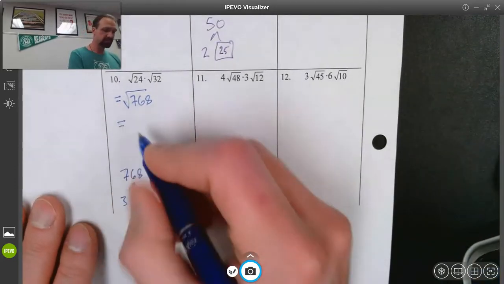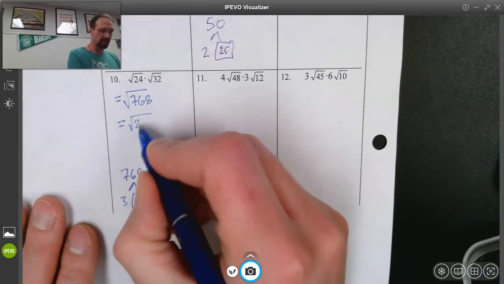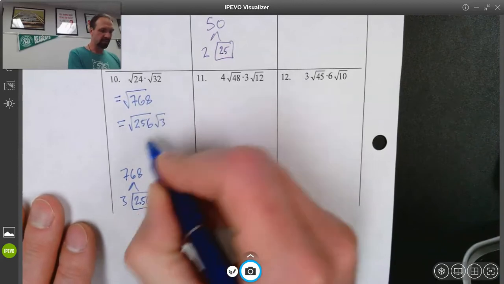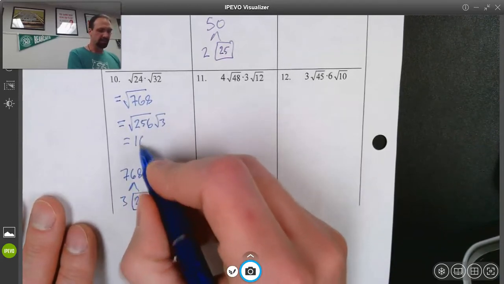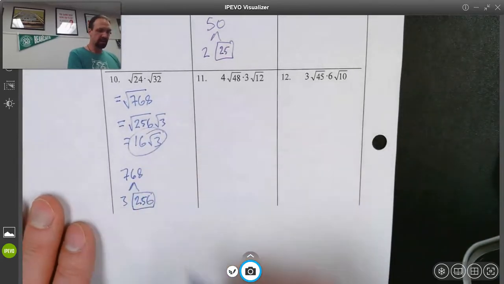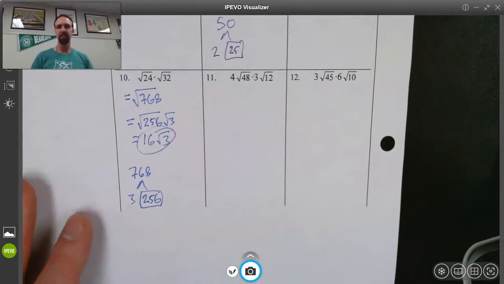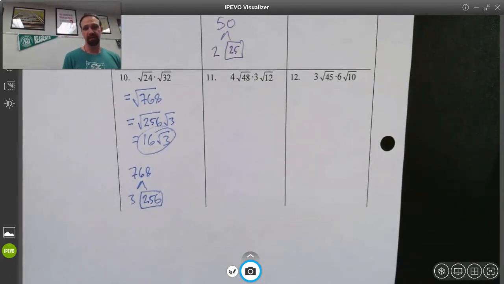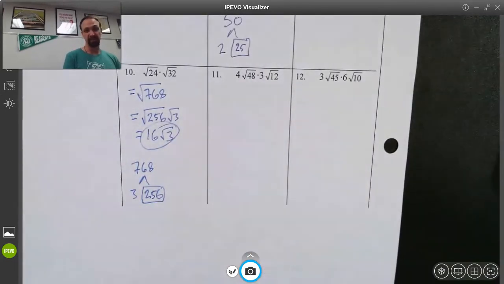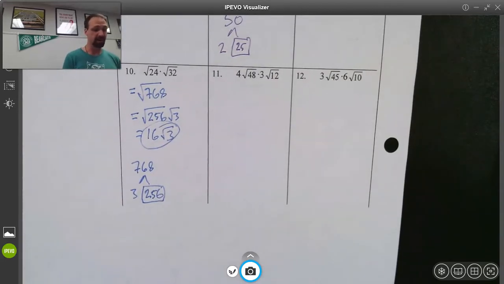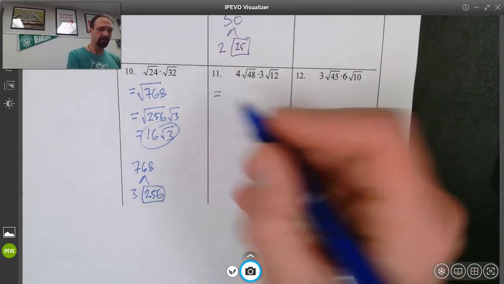So this is going to be the square root of 256 times the square root of 3. And the square root of 256 we just said was 16. And then square root of 3. So that is a lot quicker than some of the other ways students will show me. Some students will fill up this entire page with work trying to get all of the 2's because that's a lot of 2's. But there you go.